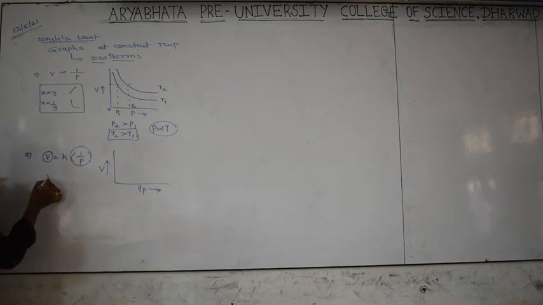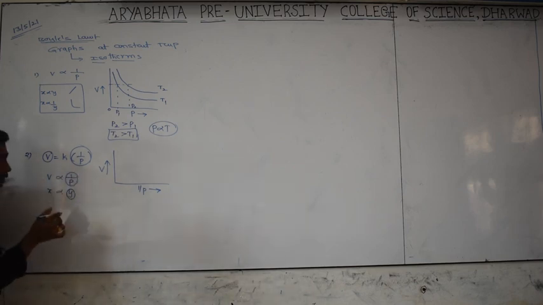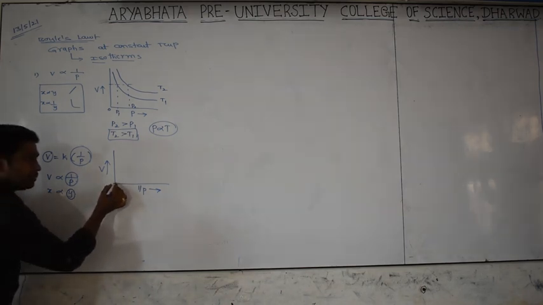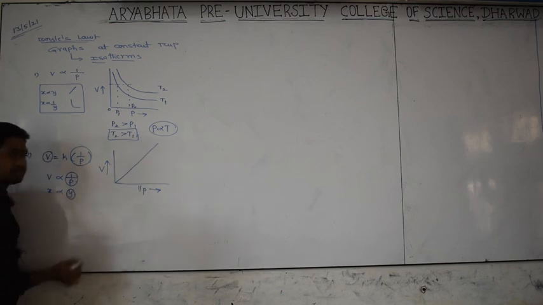Then what relation do we get? V is directly proportional to 1 by P. So it is similar to X is directly proportional to Y, because Y is nothing but 1 by P. Then we get straight lines. As 1 by P increases, the V value also keeps increasing.